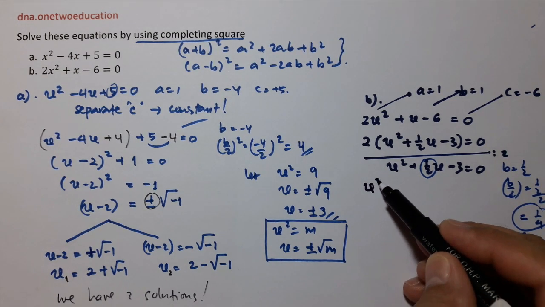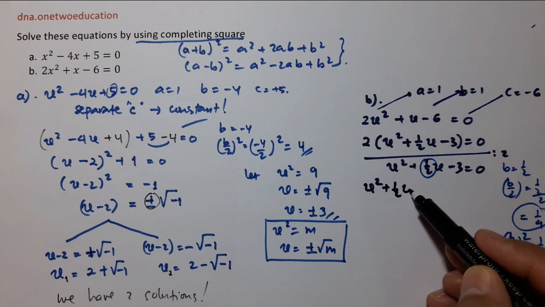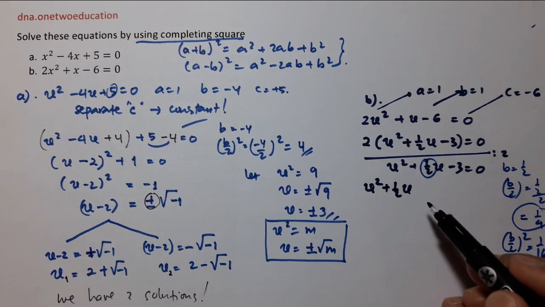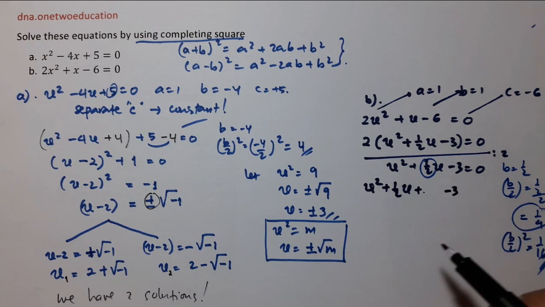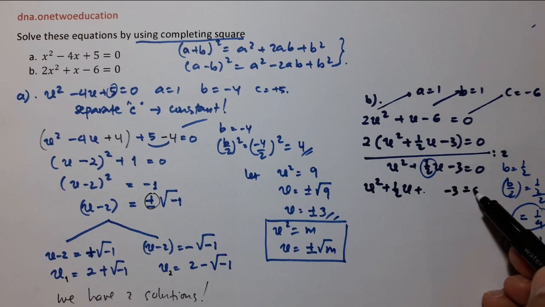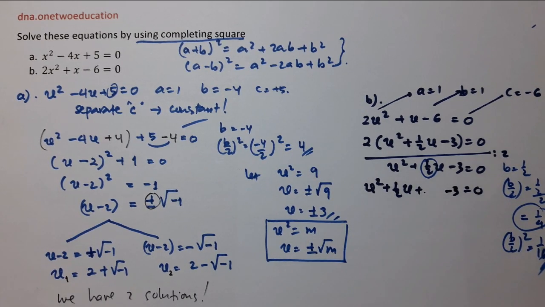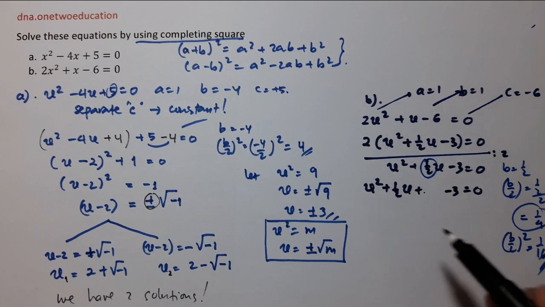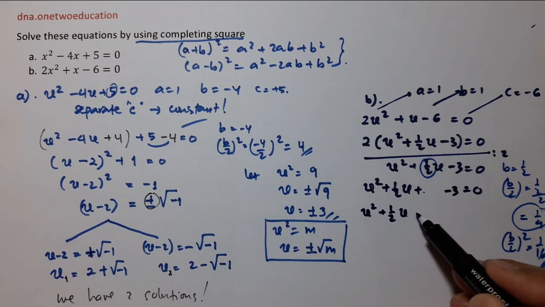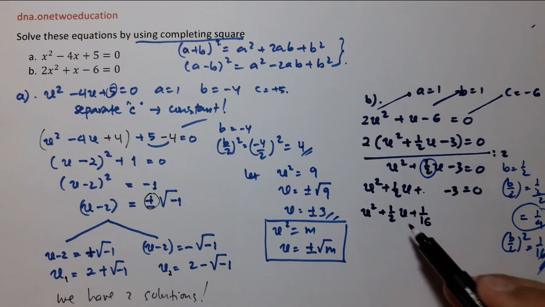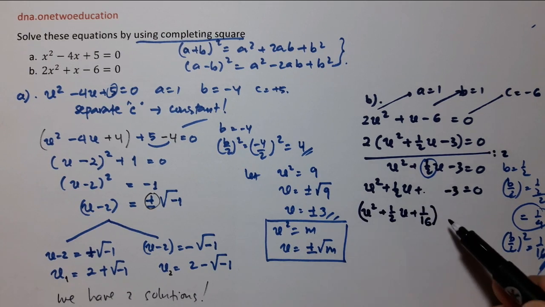Modify here, x square plus a half x, and then plus something here, and then you have to separate this one, minus 3 here, equals 0. So by adding 1 over 16 here, because we have b over 2 square is 1 over 16, x squared plus a half x plus 1 over 16 in the bracket, and then put here minus 3.